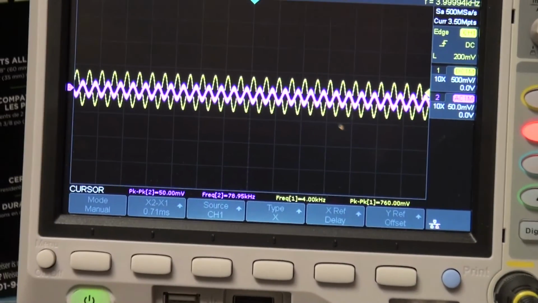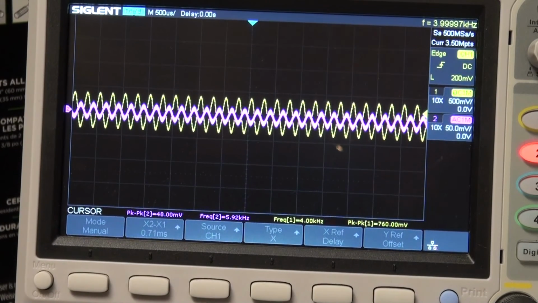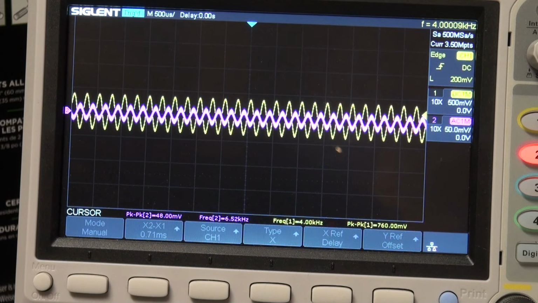Okay, and the oscilloscope says 760 millivolts output. So let's see what that is. First of all, let's just take the ratio of 760 divided by 25, and the ratio is 30.